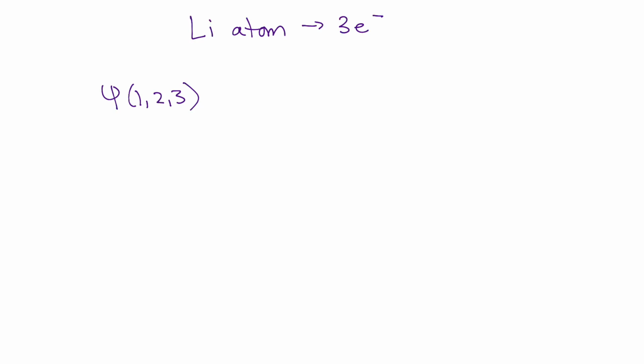Obviously, you're not going to keep writing that as you get into more and more electrons, but we won't generally do more than a few. So we want our normalization constant. 1 over n factorial, 1 over 3 factorial, will go in there this time. Then we start putting in our matrix elements, our spin orbitals.